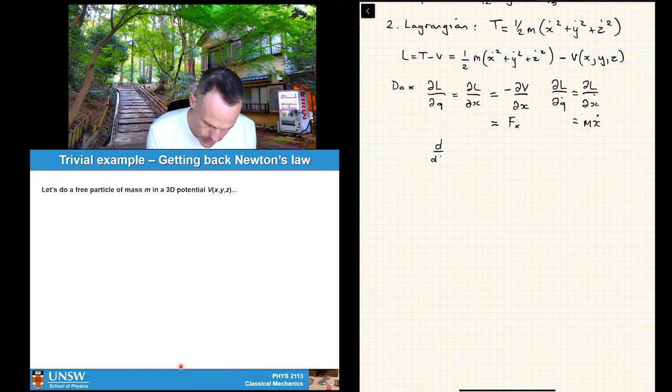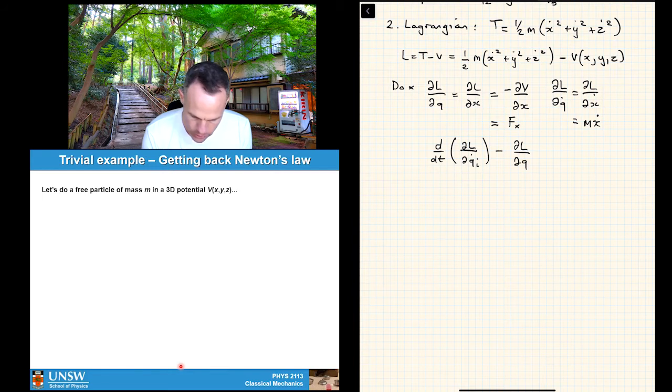So d on dt of dL on dq_i dot minus dL on dq_i is equal to 0. It's our Lagrange equation. In this particular case, these things in the bottom would actually be x's. Actually, that should not be x dot, that should just be x.